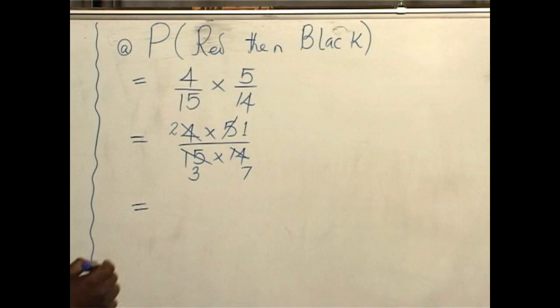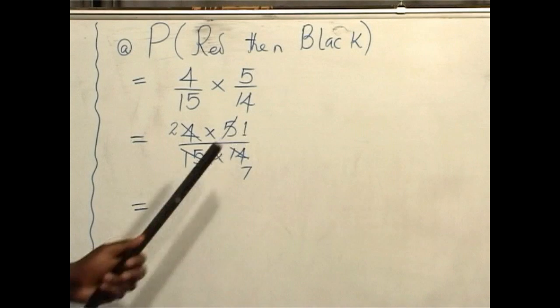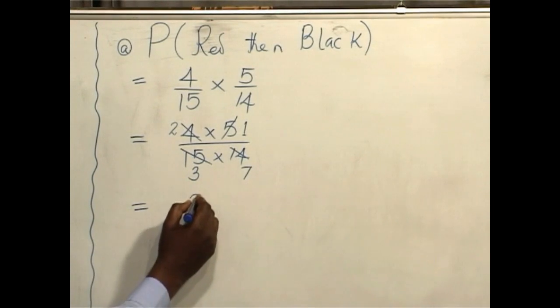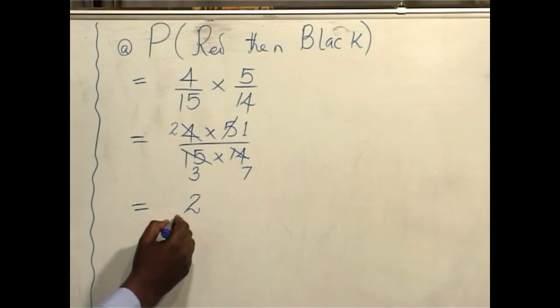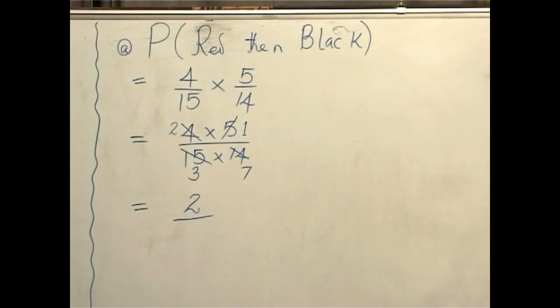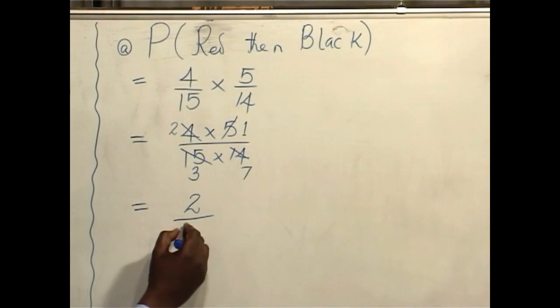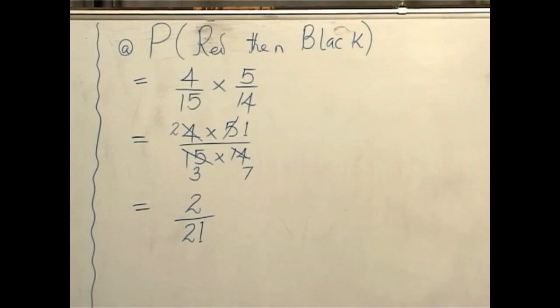Then we proceed and have 2 multiplied by 1, which is 2, divided by 3 multiplied by 7, which will give us 21. So this is going to come out as the probability of having a red marble followed by a black marble.